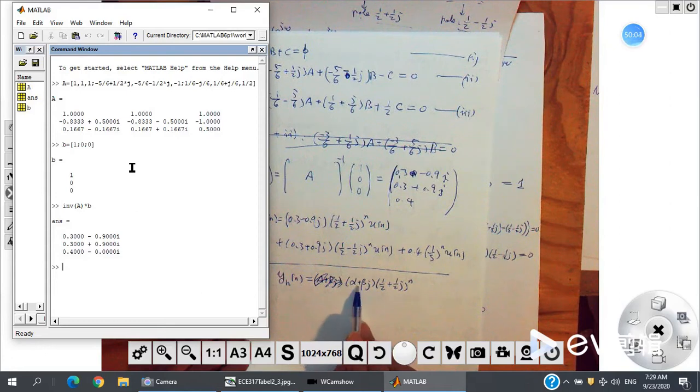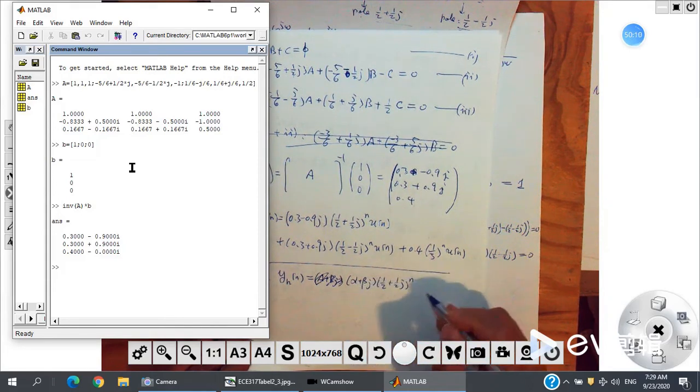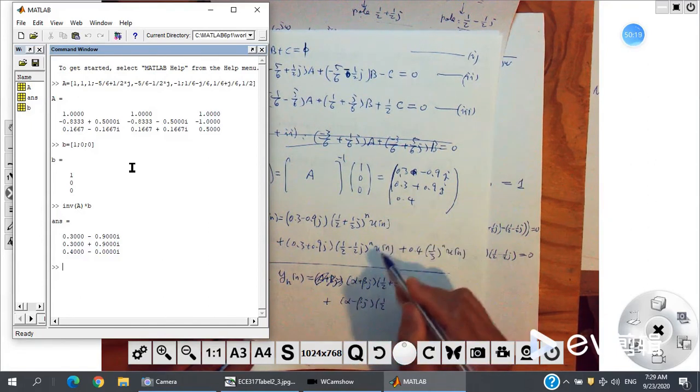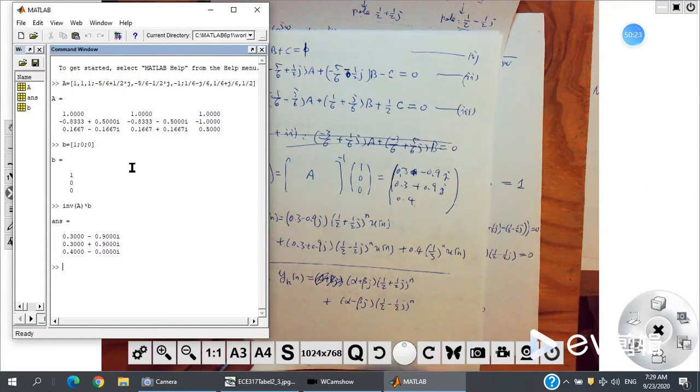You need to use the initial condition to determine that, but so far we don't have it. And this is the first one, and the second one will be plus alpha minus beta J times 1/2 minus 1/2 J, the second pole, to the n. Okay, all right.